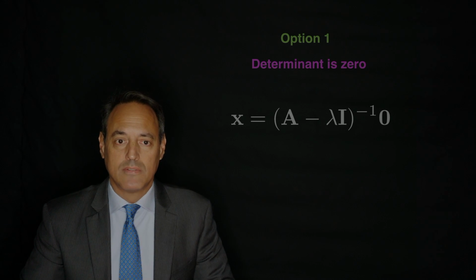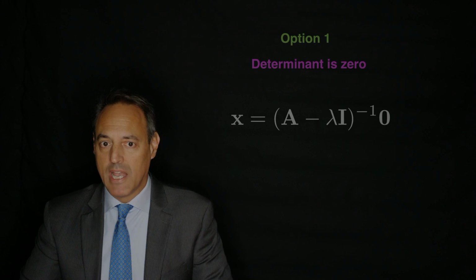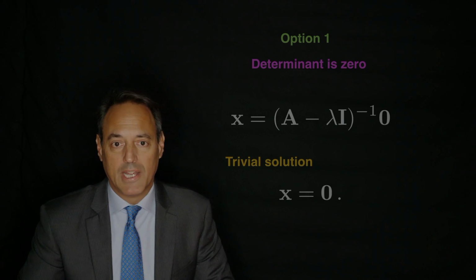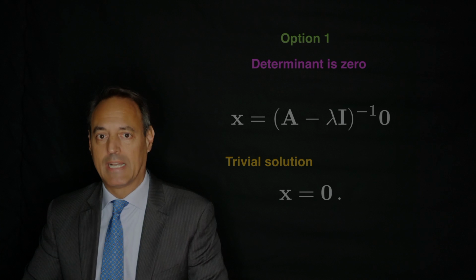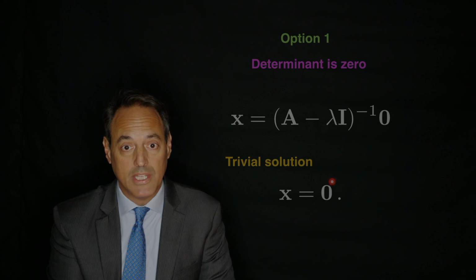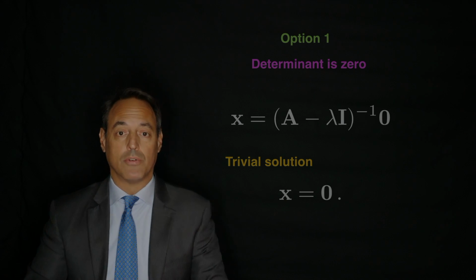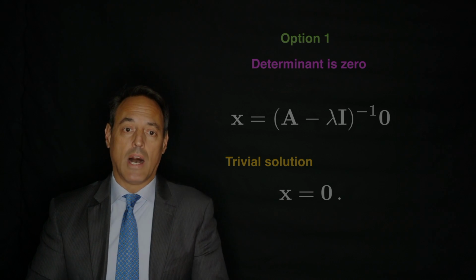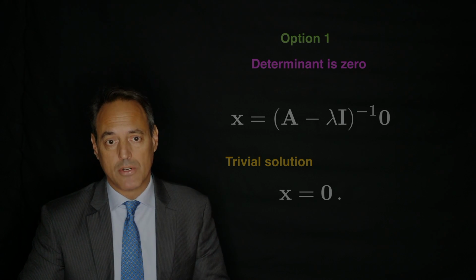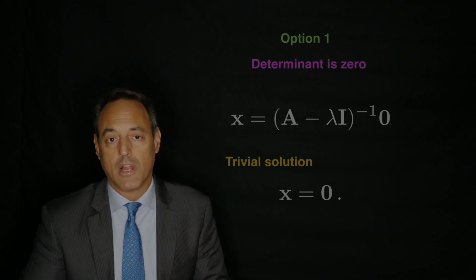So when I invert this and multiply by 0, what I find is just the trivial solution, x equals 0. That's exactly what this multiplication gives you: the only solution is the trivial solution. And so I don't want the trivial solution. What I'd like to do is find some other solution that is certainly not 0.